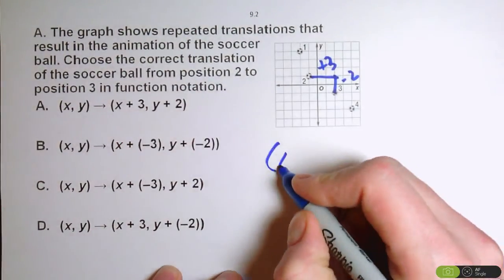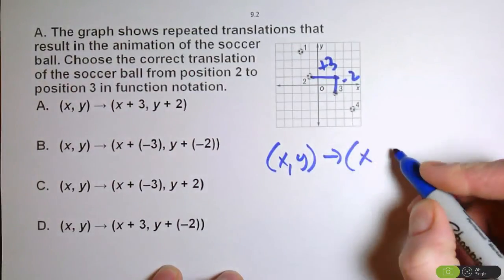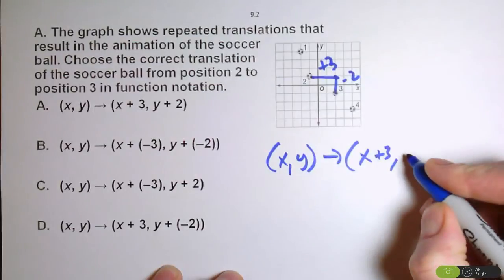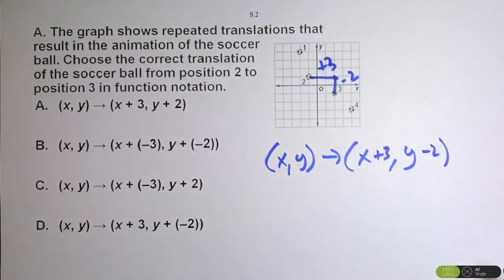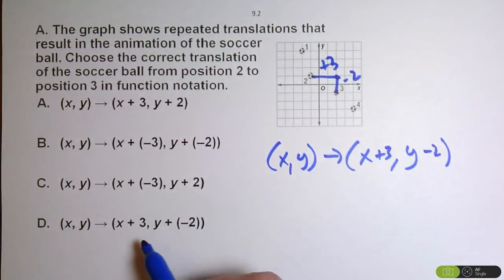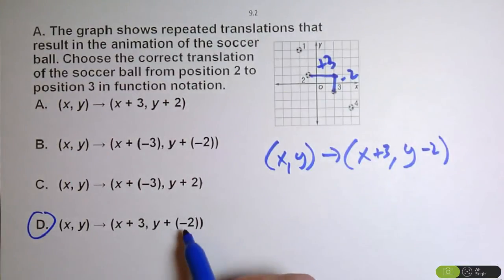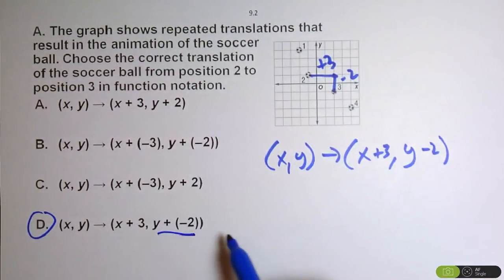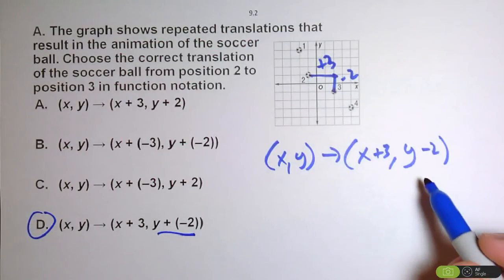Which means for x, y, I have to add 3 to x and subtract 2 from y. And we'll see if one of those works out. And it does. They treat it with this incomplete form, it's D. We'll do x plus 3, which we have, and then y plus -2. That's fine. It's kind of weird they did this. Normally they just go right to y minus 2, but plus -2 is the same thing as minus 2.